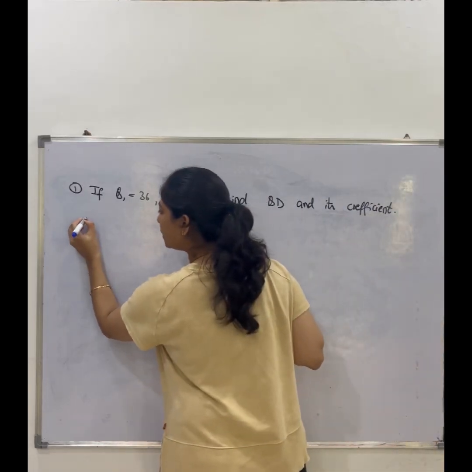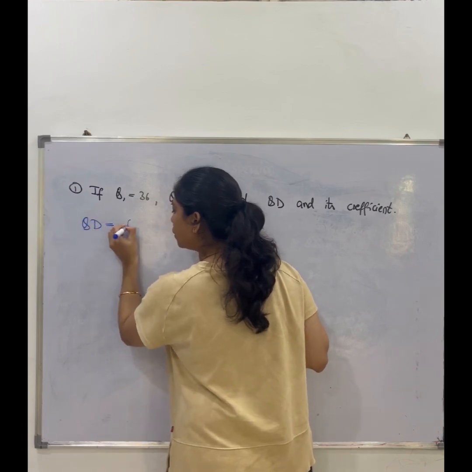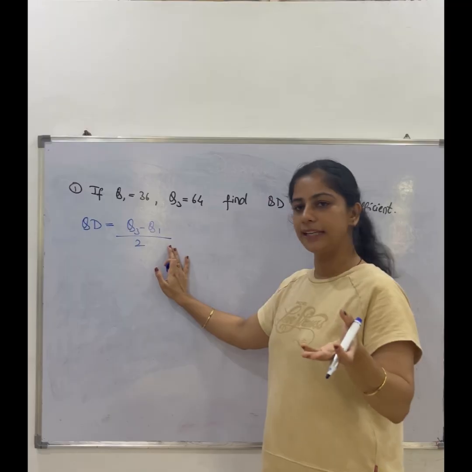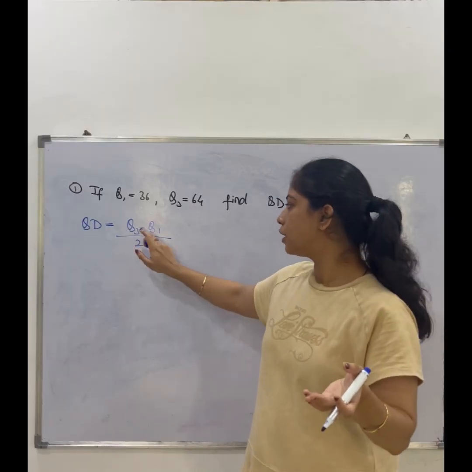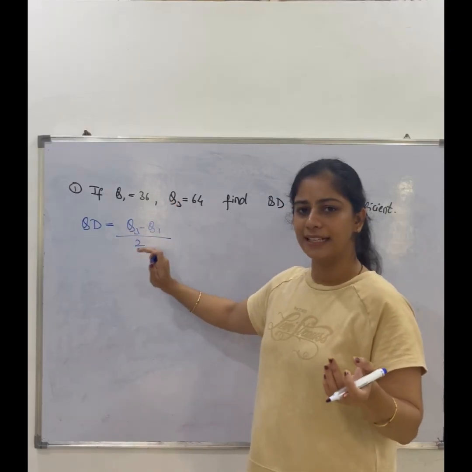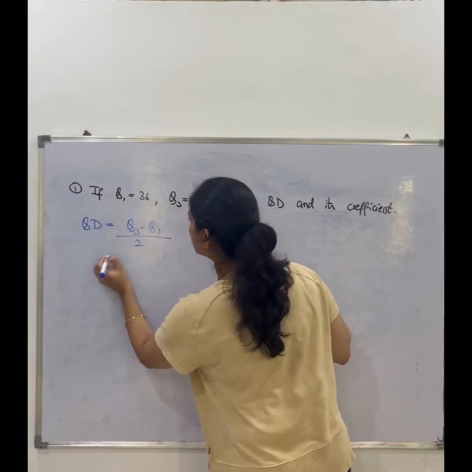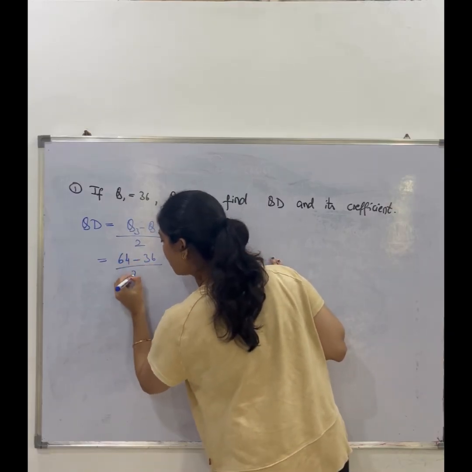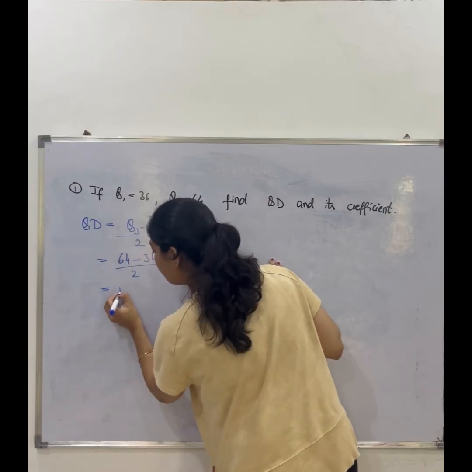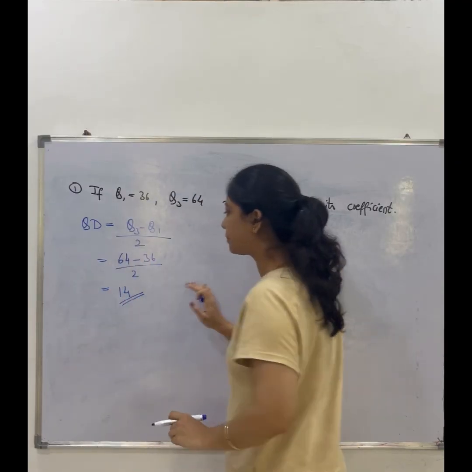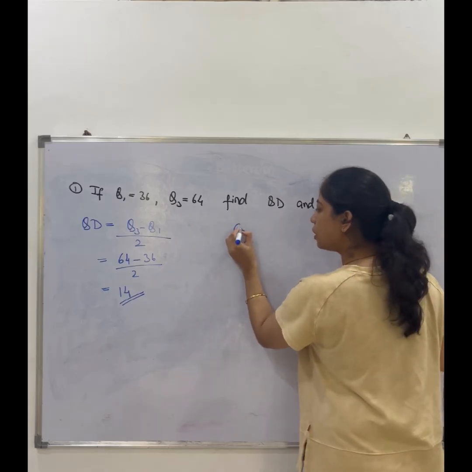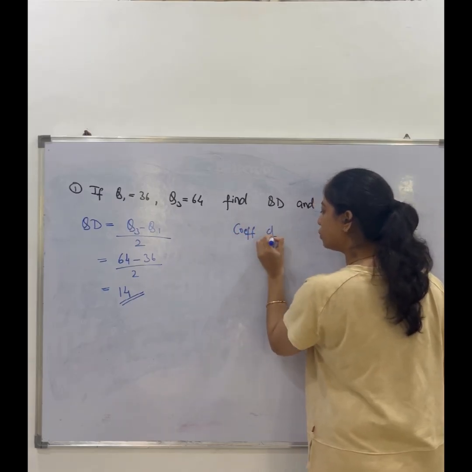Now we know the formula for QD, which is nothing but Q3 minus Q1 upon 2. Already the values are given to us for Q1 and Q3. We can directly substitute those values, which is nothing but 64 minus 36 upon 2, 14 after substituting. Okay, this is the value for quartile deviation. Let us see what we are going to get for coefficient of quartile deviation.